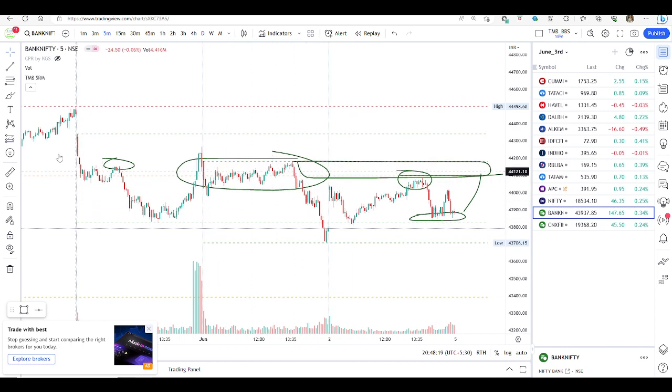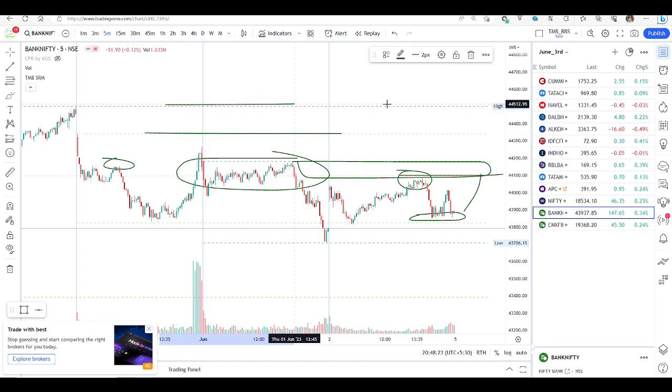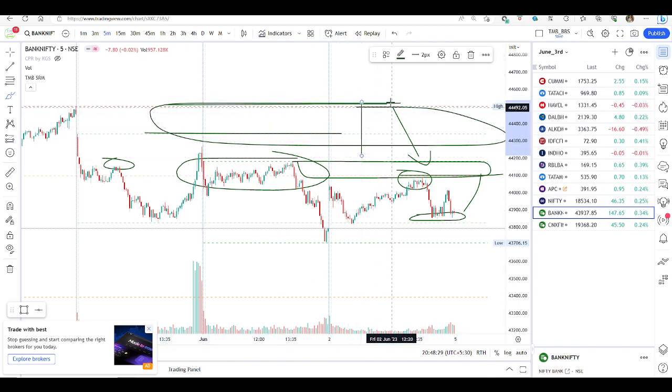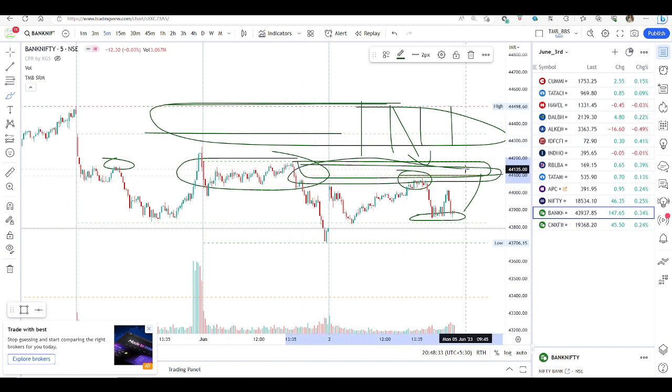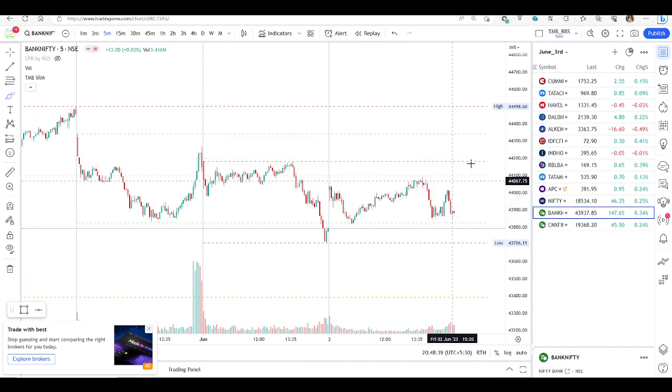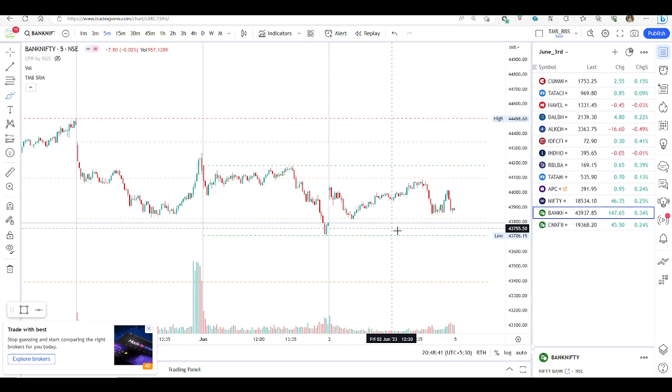If it goes to the next level, in this range or this range, I will look for the shorting opportunity for sure. Here I don't want to look for shorting because the day is already over. One time, two times it already gave shorting opportunities. Same in Nifty and Banknifty.